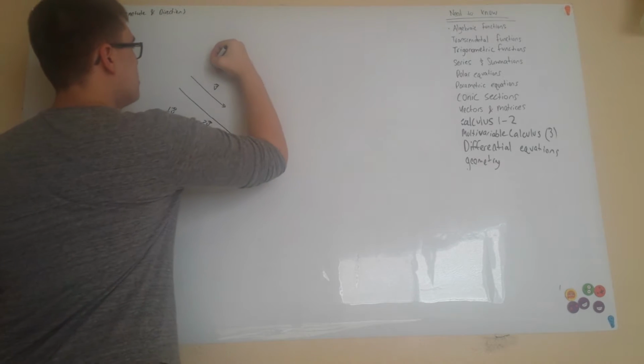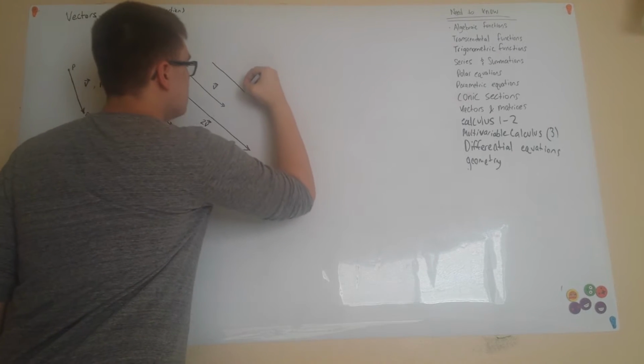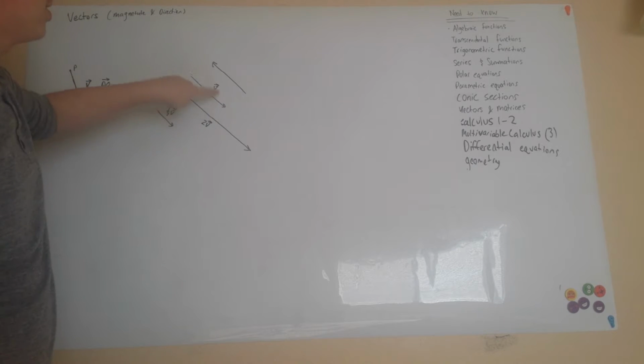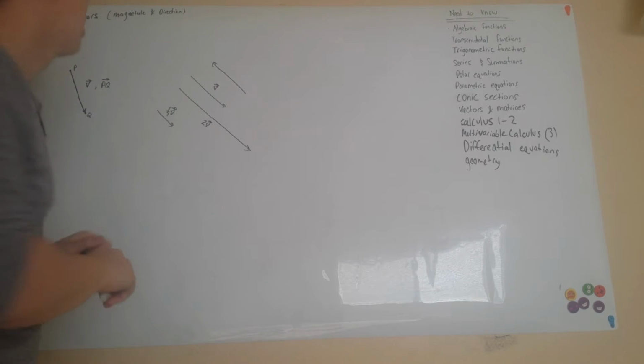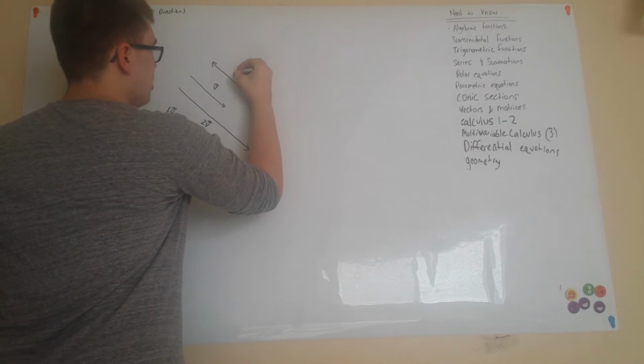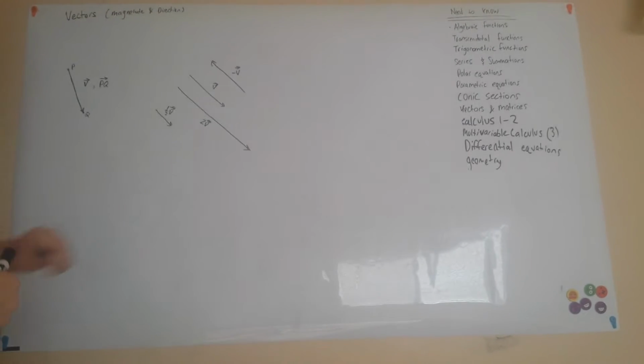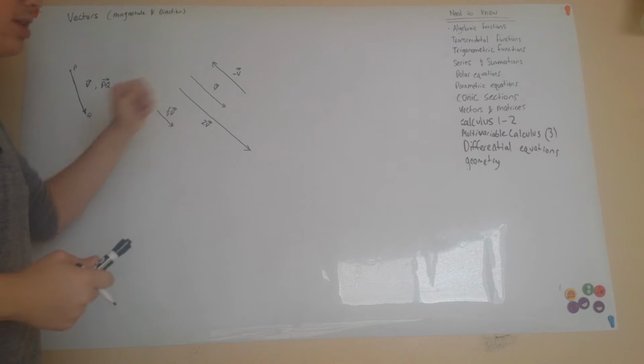And the last kind of one that people get stuck a little bit on is this one. This one does change direction. It actually goes in the opposite direction. And this one's called negative vector v. So you're just swapping the direction.